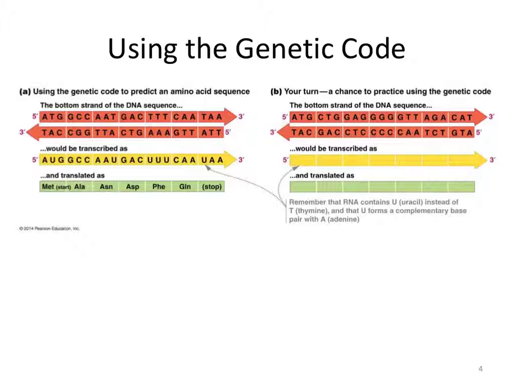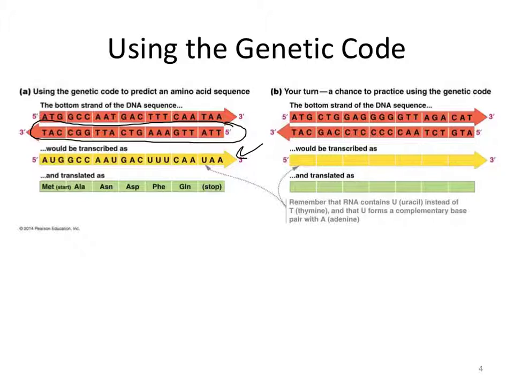It's a double-stranded molecule. Only one of those two strands gets transcribed. That's important to remember. In this case, the authors of the text are telling us that it is the bottom strand. There are ways of figuring that out, but we're not going to get into that right now. So the bottom strand is transcribed by RNA polymerase to make this messenger RNA molecule.